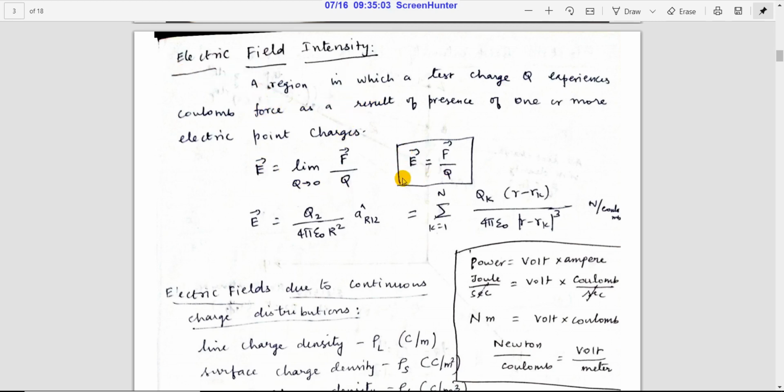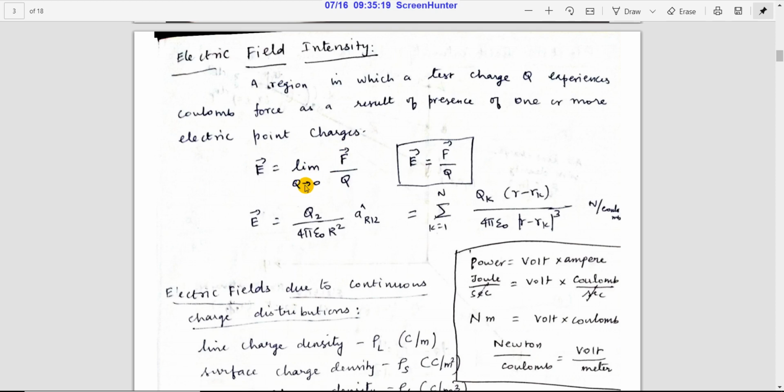So the electric field intensity E is equal to the Coulomb force divided by the charge of that particular test charge Q. So E vector is equal to the F vector divided by Q.